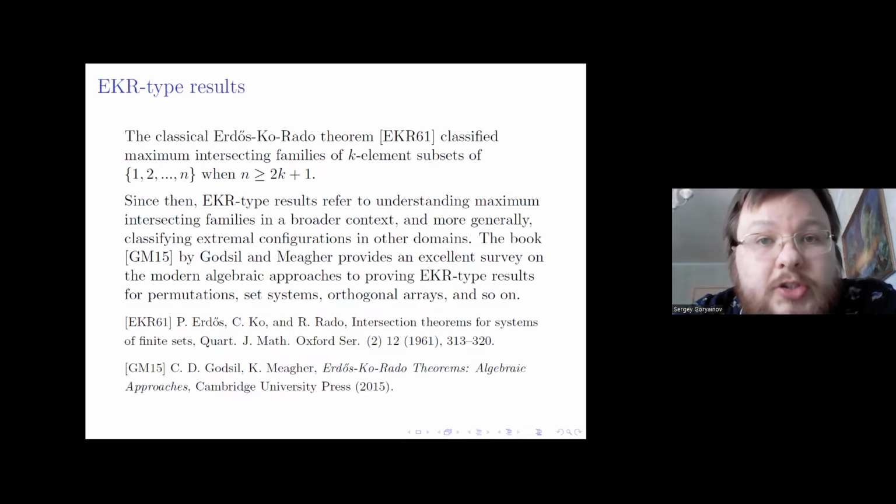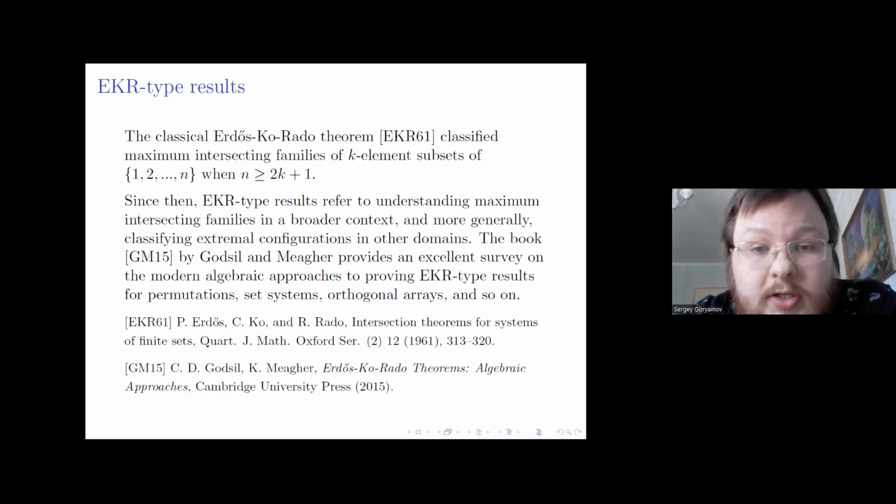The classical EKR theorem classified maximum intersecting families of k-element subsets of an n-element set when n is greater or equal to 2k plus 1. Since then, EKR-type results refer to understanding maximum intersecting families in a broader context, and more generally classifying extremal configurations in other domains.